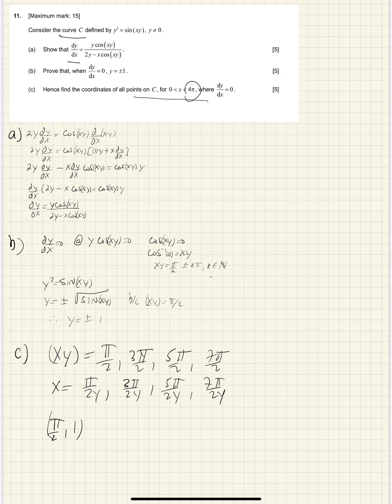Okay? So x is equal to y of 3 pi over 2 is negative. So when y is equal to minus 1, we established that y can equal minus 1. Minus 1 squared equals sine of minus 3 pi over 2.